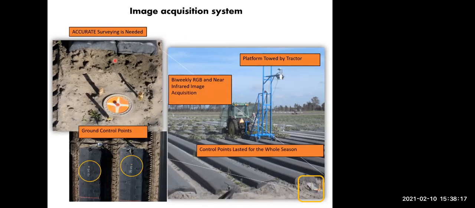And we use the platform towed by a truck, and navigation sensors like GPS are mounted on top of the cameras on the platform. And we use all this information together in order to capture the images and then take the images and pre-process them.